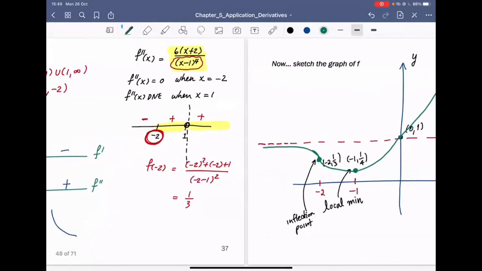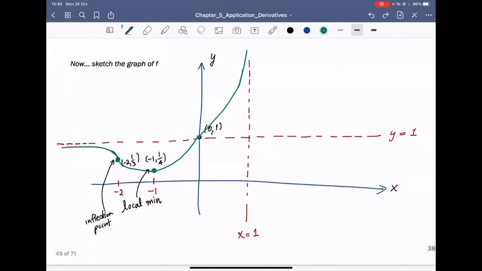Because our scale is not perfect, we cannot draw a perfect graph, but this is good enough because we can see that when x goes from -1 toward 1 here, the function is increasing and concave up. However, you need to pass the y-intercept at (0, 1) here. Just trying to be nice with the graph, but sounds good.